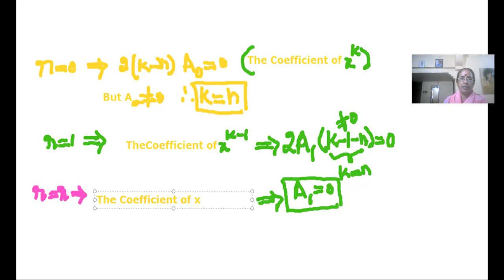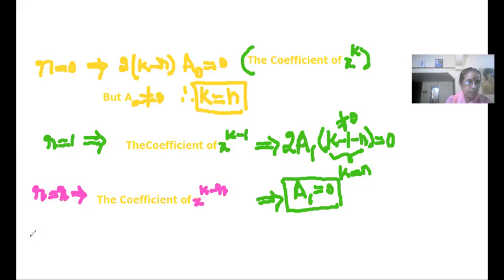So in the first case, x power k. In the second case, x power k minus 1. In the third case, we are going to consider x power k minus r.